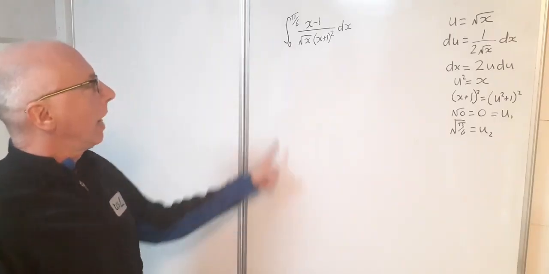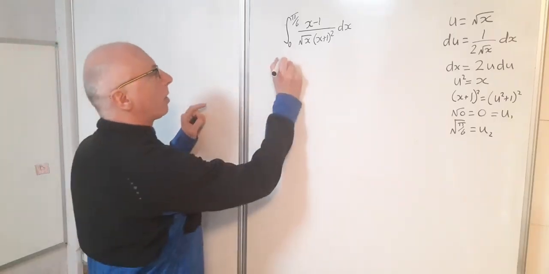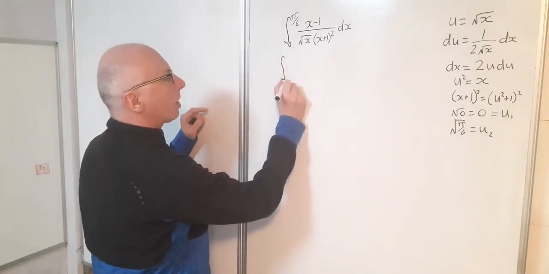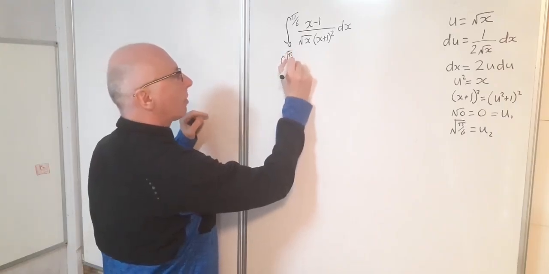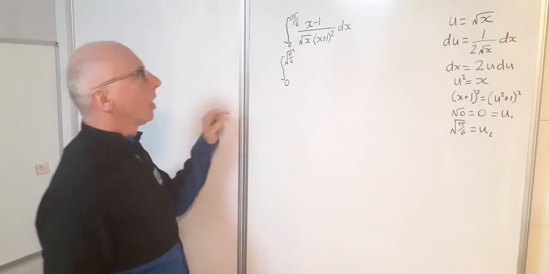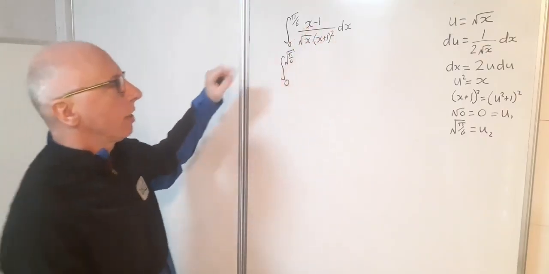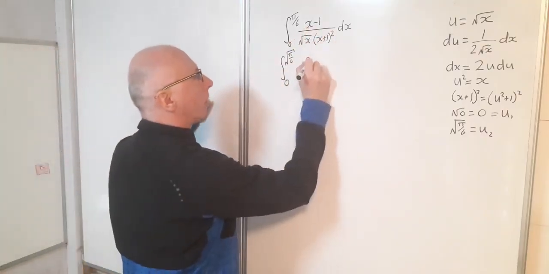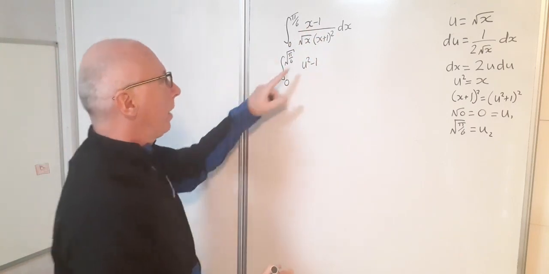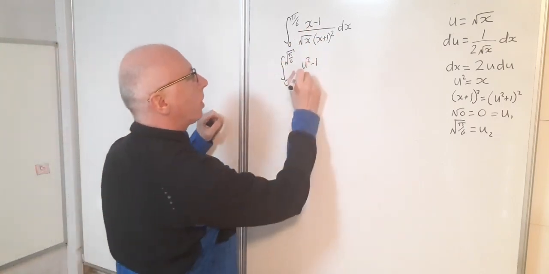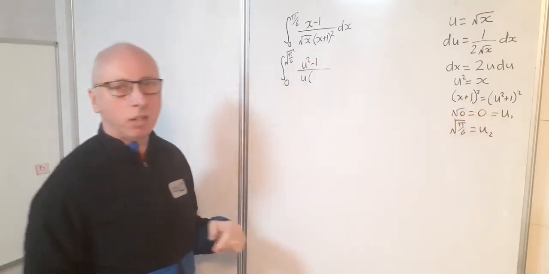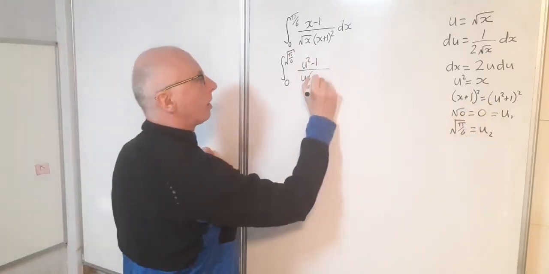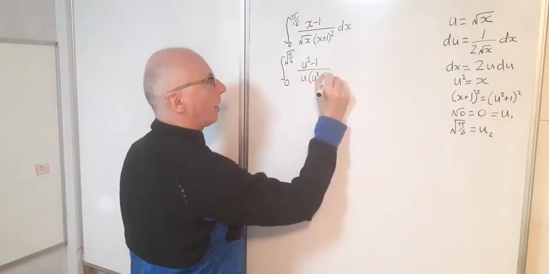Okay, now let's plug it all in. Let's see where we go. So boundaries are 0 and square root of pi over 6. Then I've got x minus 1, so that's u squared minus 1. And then I've got square root of x, which is just u. (x plus 1) squared, as we did here, is (u squared plus 1) squared.